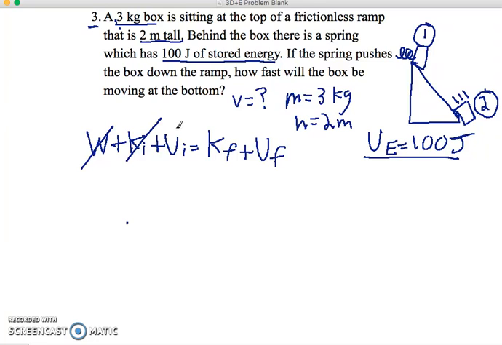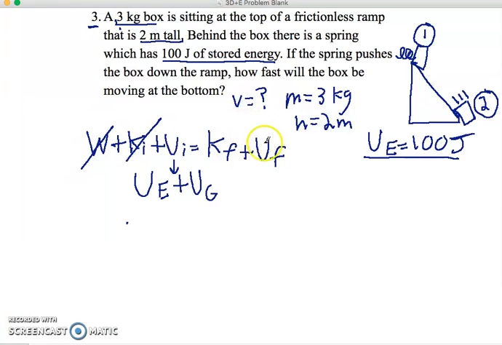There's initial potential energy though. There's actually two kinds. There's elastic potential energy because of the spring behind the box, and there's also some initial gravitational because the box is raised off the ground. So there are two different types of potential energy at the beginning.